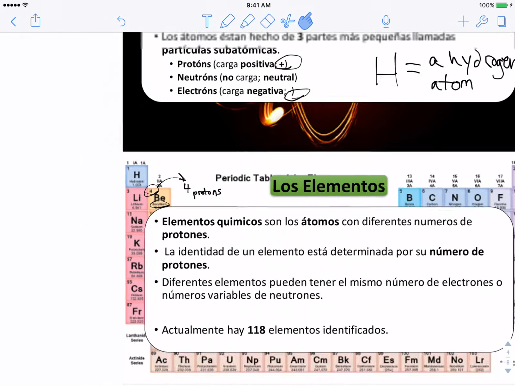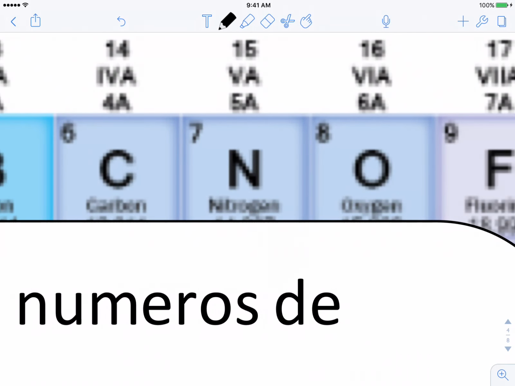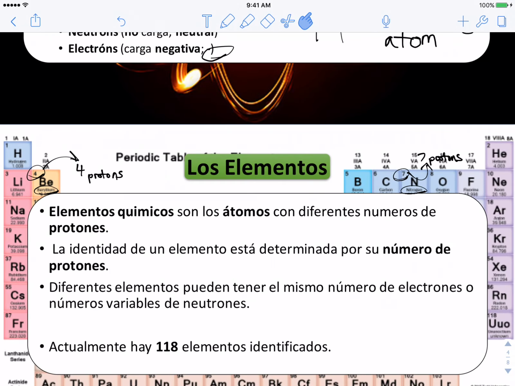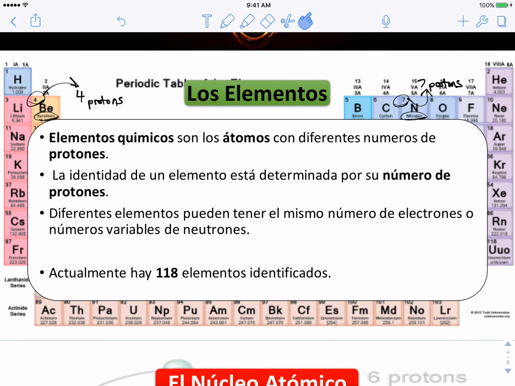Just like if we were to zoom out and go over here to this guy, nitrogen. Nitrogen has a big 7 in the corner. That means it has 7 protons. So the difference in the number of protons identifies what atom you are talking about. So all these guys are atoms on this periodic table, but they have different numbers of protons in them, which makes them different elements.